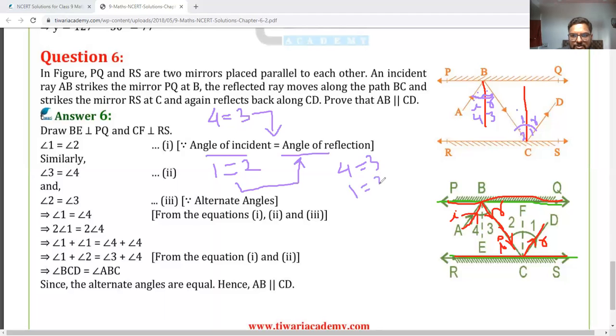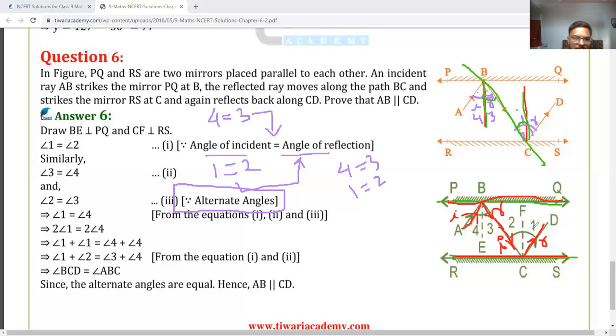1 is equal to 2, but at the same time, I'll use the alternate interior angles that are forming. I'll use green color, that is this. This is 90 degree, that is the normal. This is also 90 degree, normal. So both lines are parallel, and we'll consider this one as a transversal. So it's forming Z. This angle and this angle will be equal using alternate interior angles.